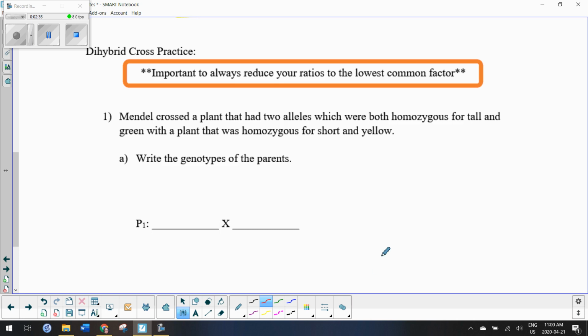It says write the genotypes of the parents. What do we want to use for tall? Let's stick with B. Big B, because it's homozygous, so the same. And then for green, let's use G. Big G, because it's also homozygous for green, which is the dominant trait. Now we're taking the exact opposite, homozygous, but for short and yellow, so you should have little, little, little, little.